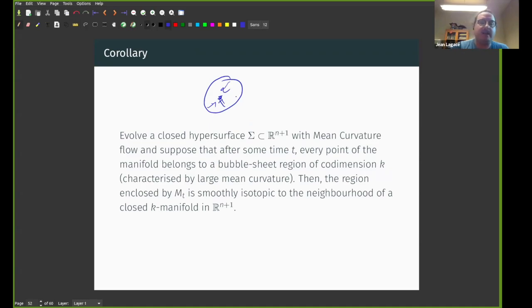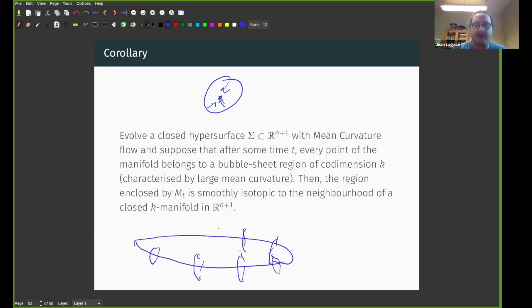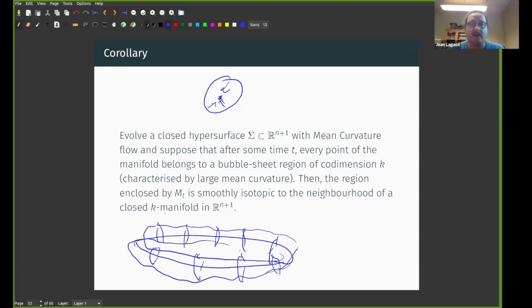In this case, it means that if I evolve my mean curvature flow and eventually I'm singular everywhere, I'm in fact collapsing to the neighborhood of some manifold.